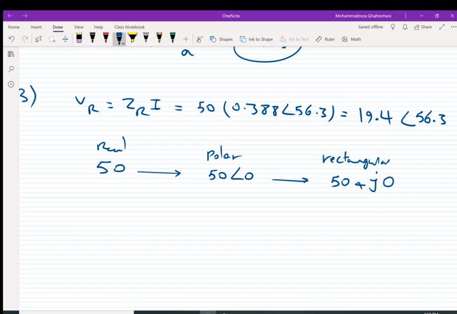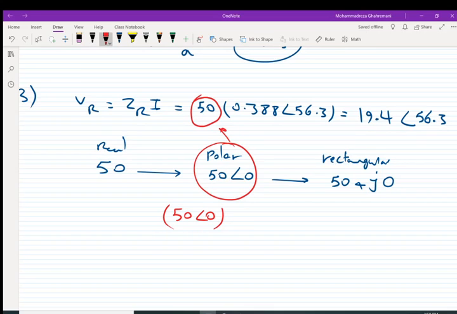Okay, so here when I have 50, I replace it with this polar form, so it becomes 50 with angle of 0 times 0.388 with the angle of negative 56.3. Now it's easy.